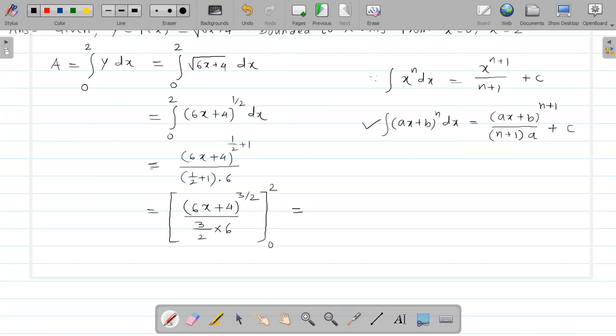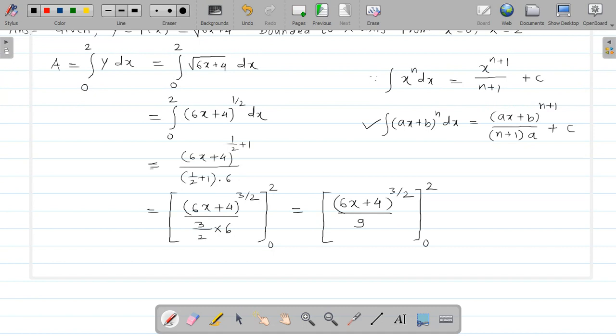Now next step, see here, 3 by 2 into 6 means it will be 9 in the denominator. So hence we will write 6x plus 4 raised to 3 by 2 upon 9, and it is from 0 to 2.